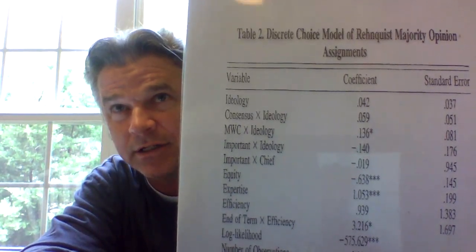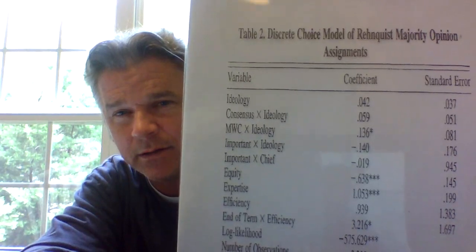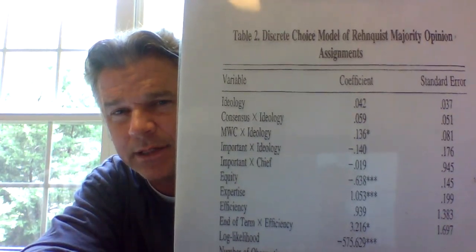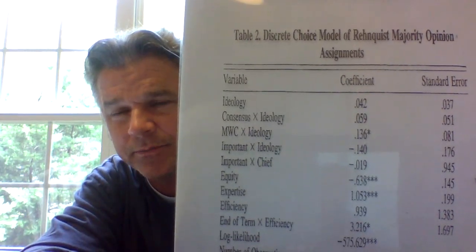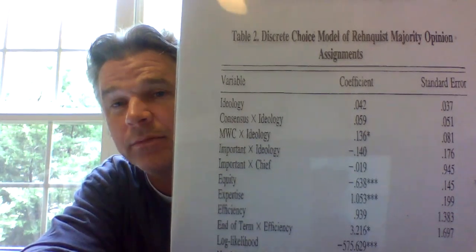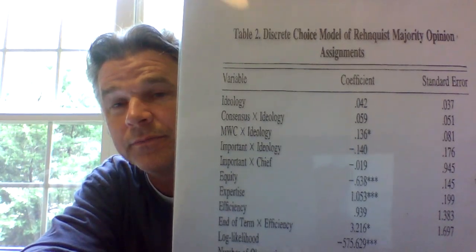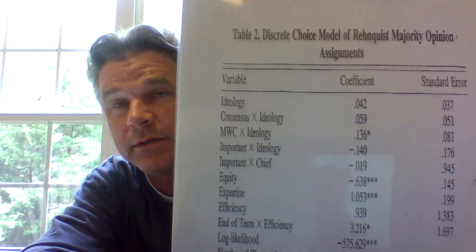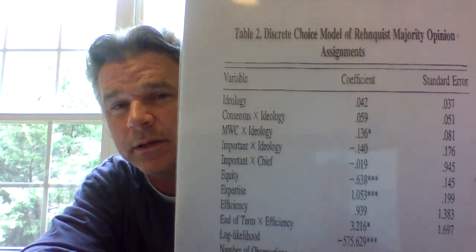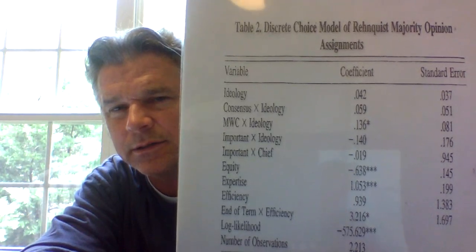You had 5 justices, a bare majority, times ideology, another interaction term. What effect does that have on the probability that you will get the opinion assignment? It's positive. Increases probability. Absolutely.